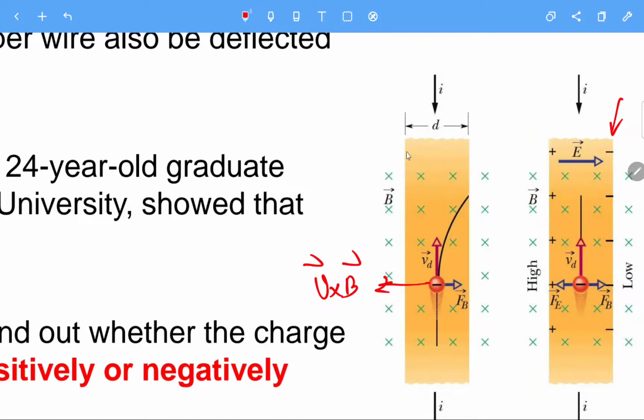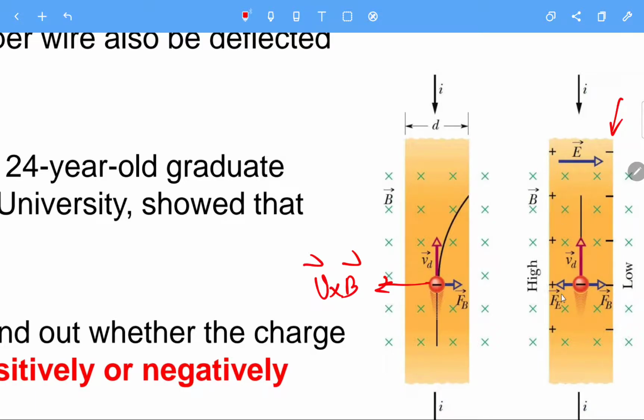However, this should be electrically neutral because it doesn't have excess charge. More charge goes to the right side, which means that on the left side there will be positive charge.